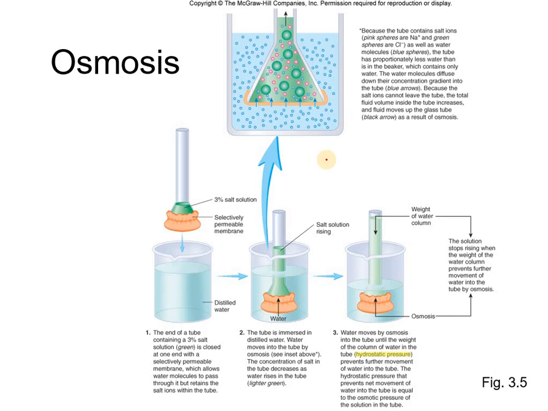Pag static, di ba, wala nang galawan. Static, no? Stationary. So, dito guys, hydrostatic pressure yung goal ng ating osmosis. For diffusion, that is equilibrium. So, general term yung equilibrium. Dito naman, hydrostatic pressure. Kuha ba? Yan. Kung bakit hindi lumabas yung salt solution, that is because selectively permeable siya.